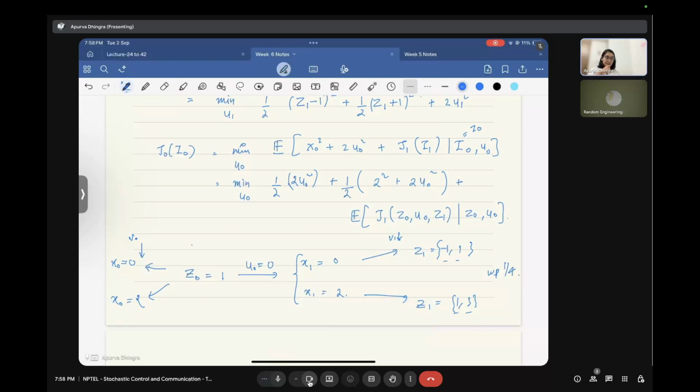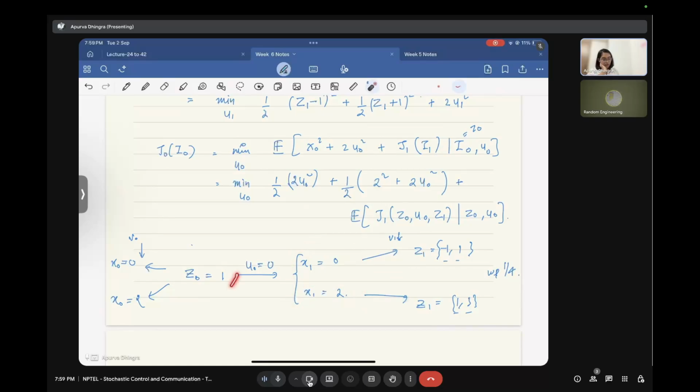Fine? Why 1/4? It should be 1/2, right? The way I've written it, I have used this V0 also. I've used what might have been the actual X0 value, which would have led to two different values, and the probability of this and this is equal. It's just half.